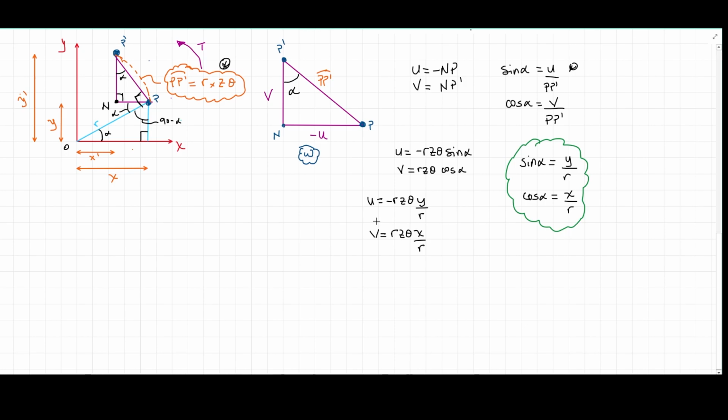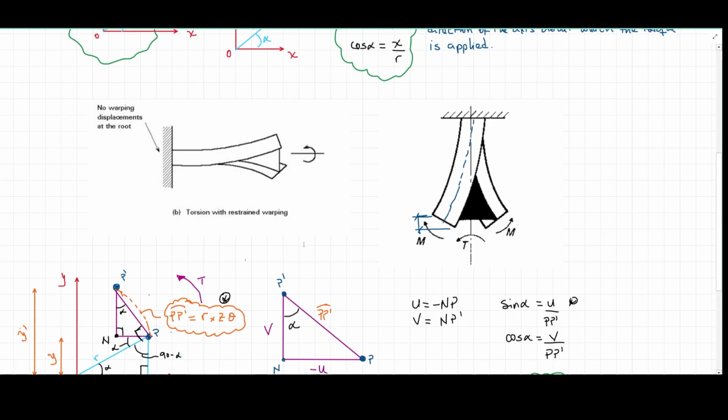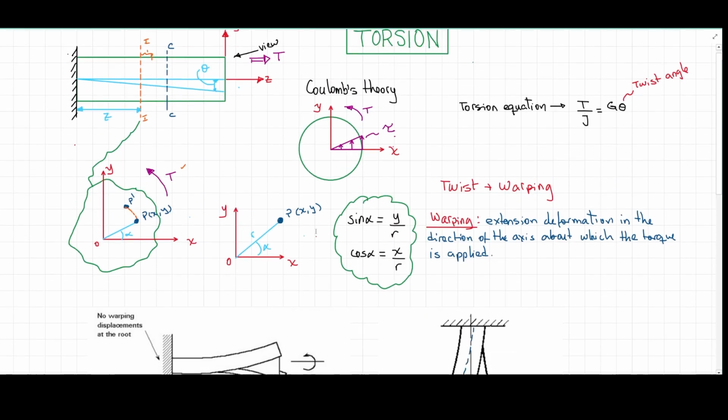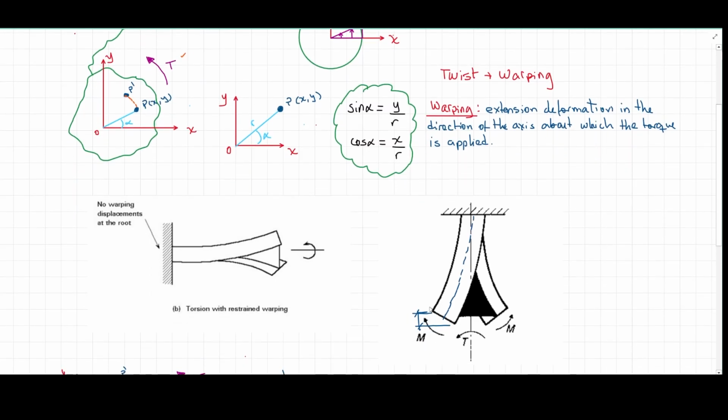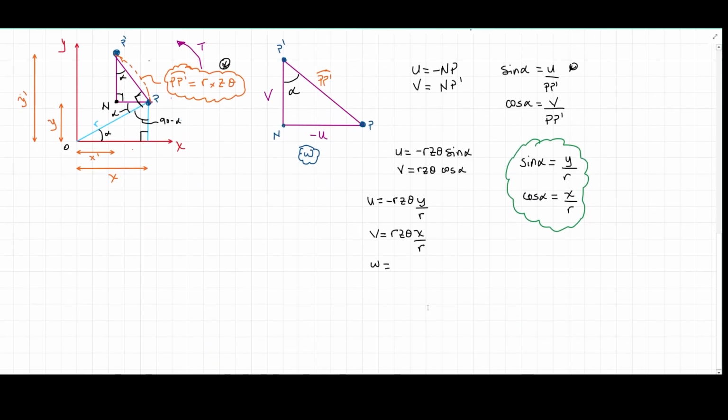Well, not yet. The other component I need to write down here is w, which is the displacement happening in the z direction, and that is happening because there is warping here, and we don't have a straight definition for that. We only know that it's going to be a displacement in the z direction that is going to be represented by a special function.